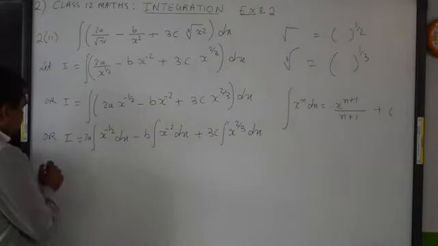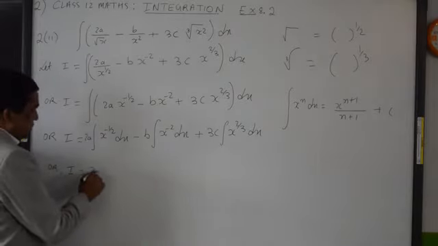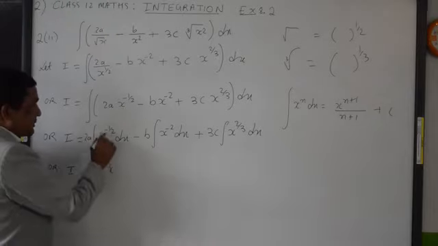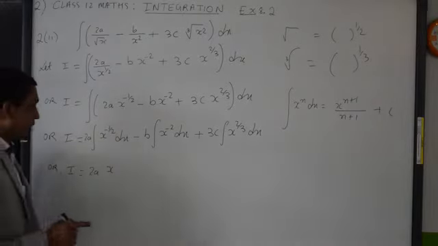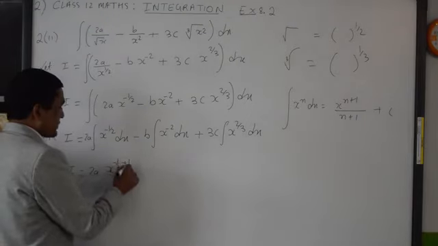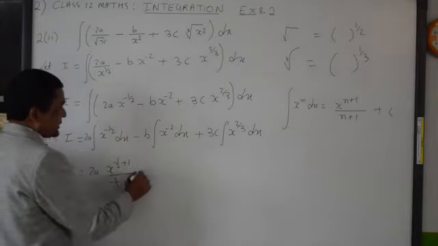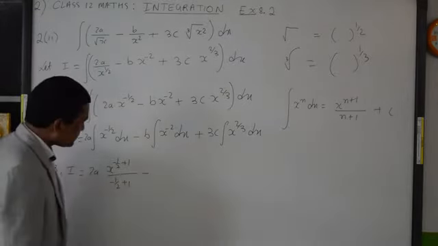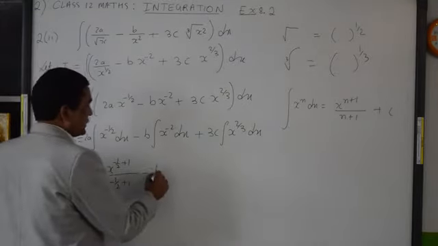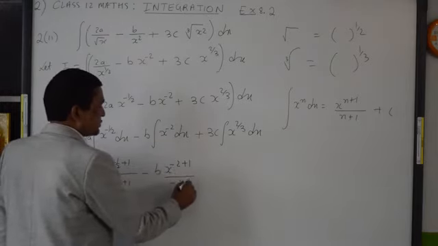Now, I equals this is 2a, then integration of whatever the power is, you just need to add 1 and divide by the same exponent: minus half plus 1 divided by minus half plus 1. Then minus b x to the power minus 2 plus 1 divided by minus 2 plus 1.